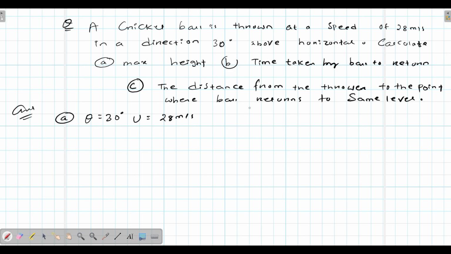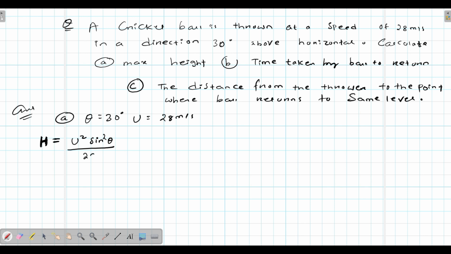So h equals how much? H equals u square sine square theta divided by 2g. That is the height.